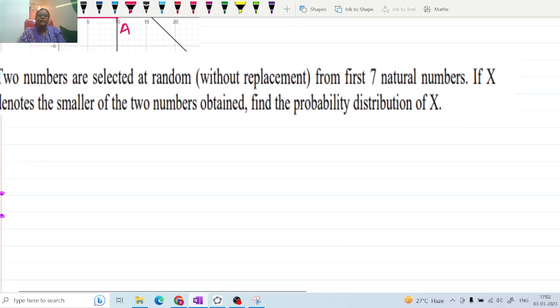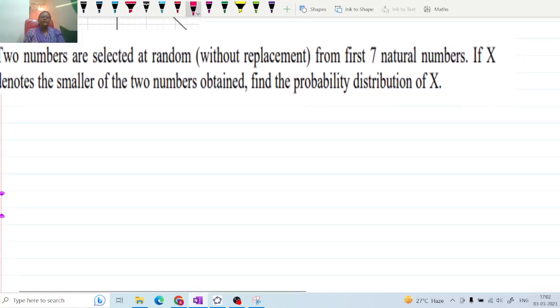What is required for this question? You have been given seven natural numbers. The natural numbers start from 1 and you have to select one after the other. Now the selection is without replacement. That is, first if you select one number, let it be 1, then for the second selection, you will not be getting 1 because we have already got 1 and it is not put back.